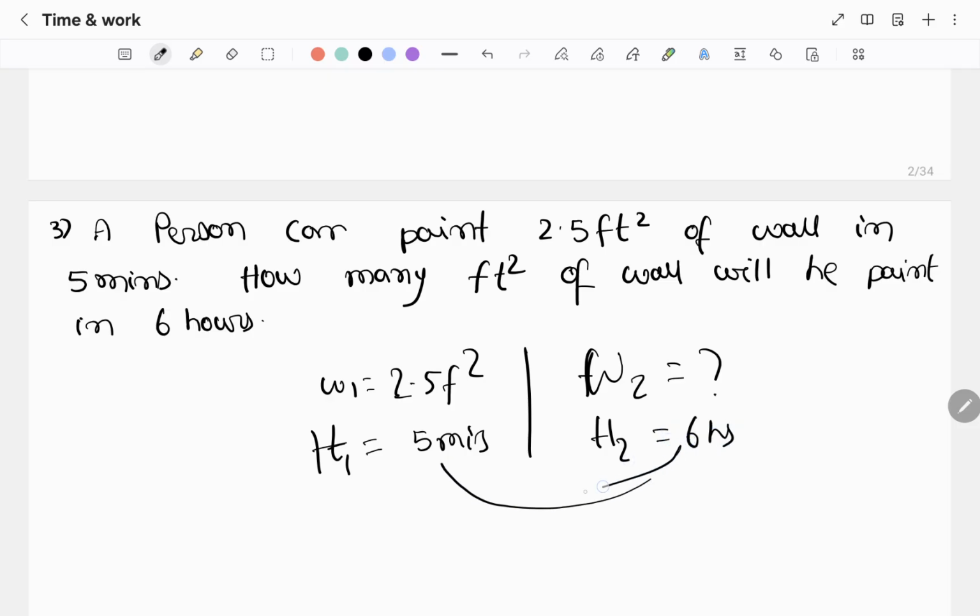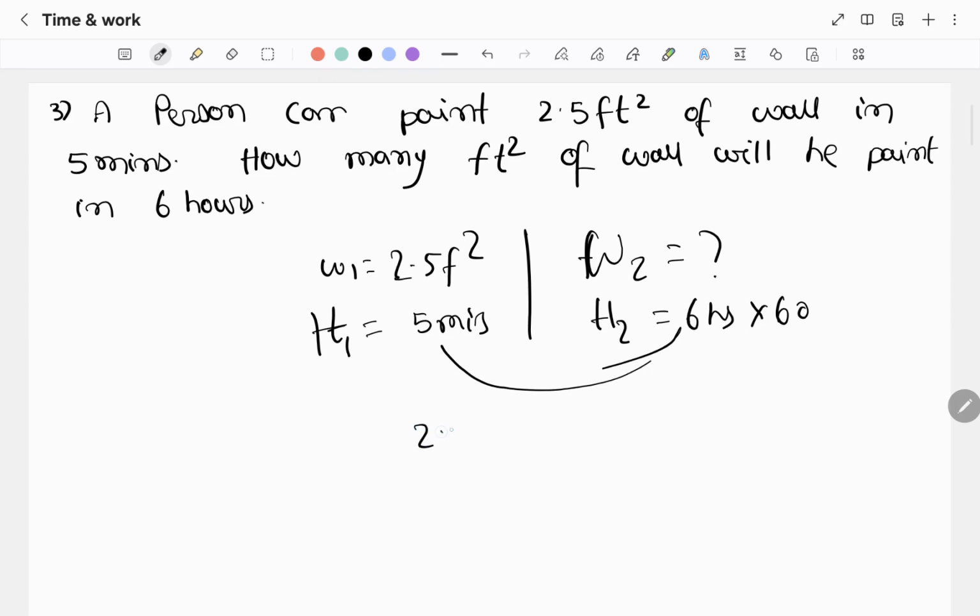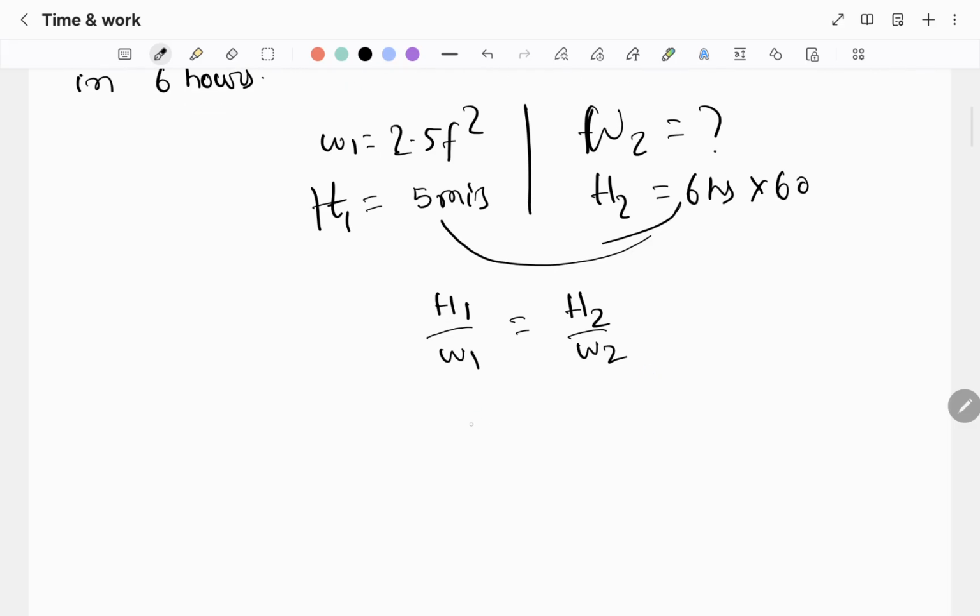See, both the quantities are not the same, so convert into minutes. What is the formula? H1 by W1 is equal to H2 by W2. So H1 by W1, 5 by 2.5 is equal to H2, 6 into 60, by W2.